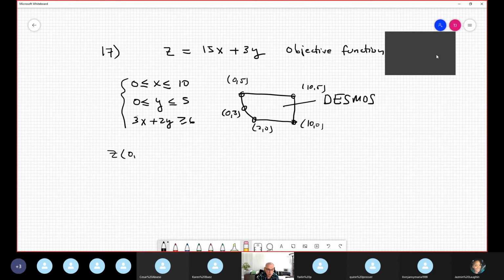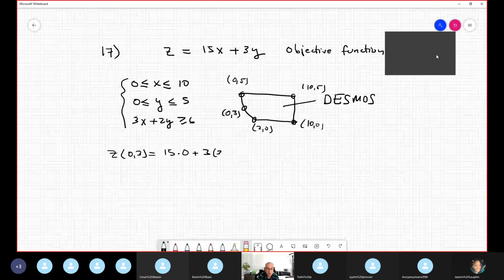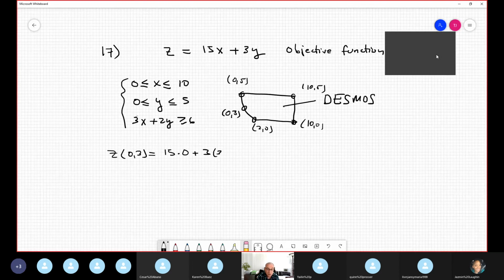At (0,3), for example, we start: 15 times 0 plus 13 times 3. Wait, it's 13. This is 13. It's 39. Okay? And you evaluate Z at (0,5). 15 times 0 plus 13 times 5 is 65.